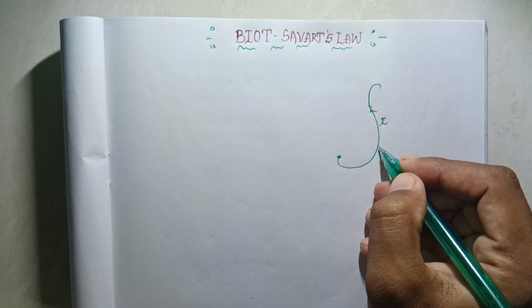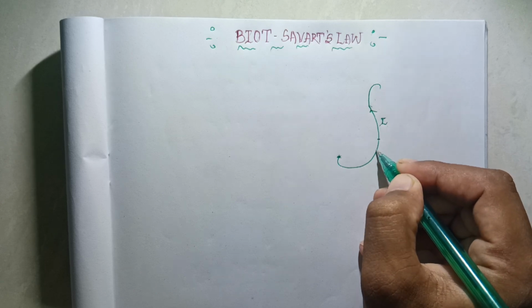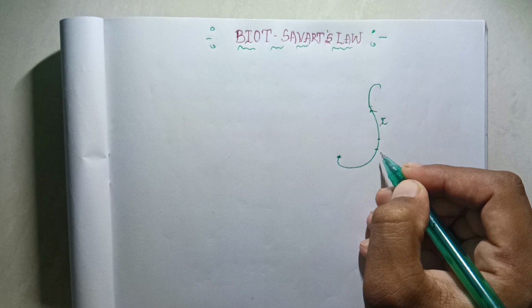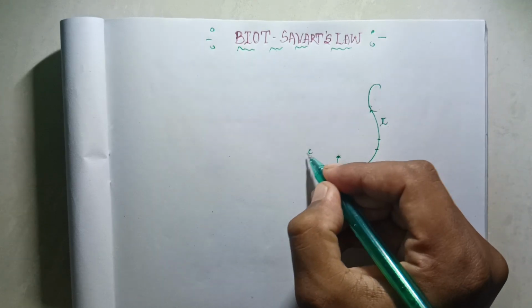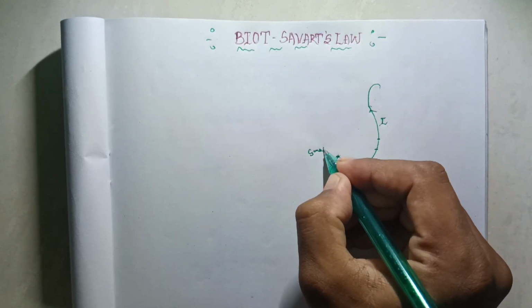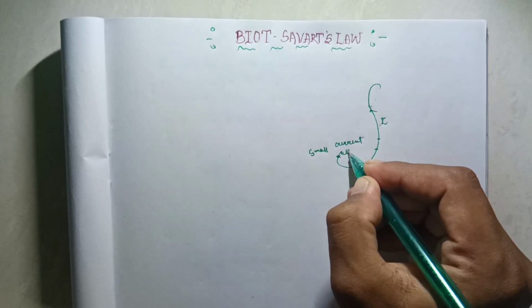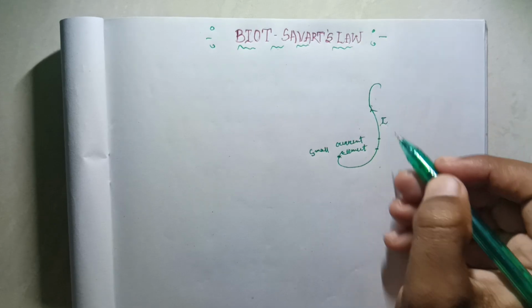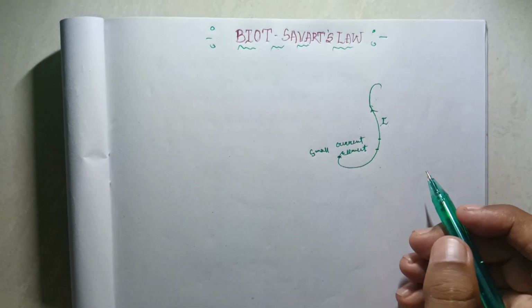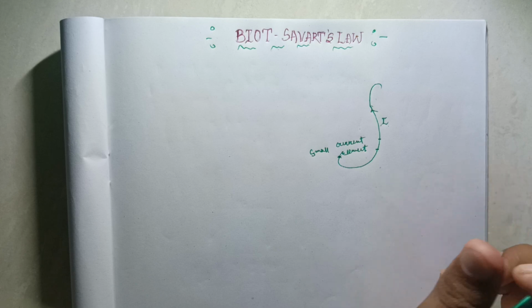If we choose a small segment, which we call a small current element. Every part or every segment of this current carrying conductor is a small current element.